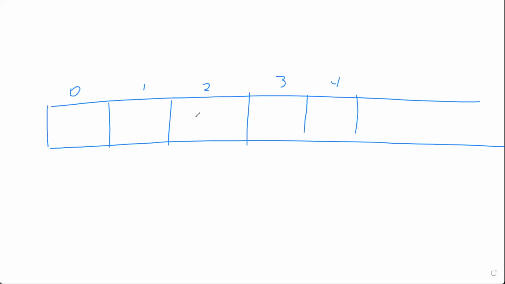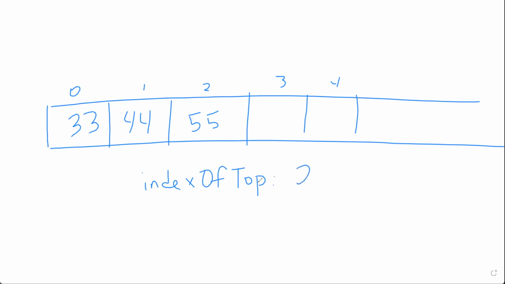And suppose this is a stack of integers, and the user has pushed the following elements onto the stack: 33, 44, and 55. In this case, the index of top at this particular moment in time is 2. So 55 is the top element, and the index of that element is 2.